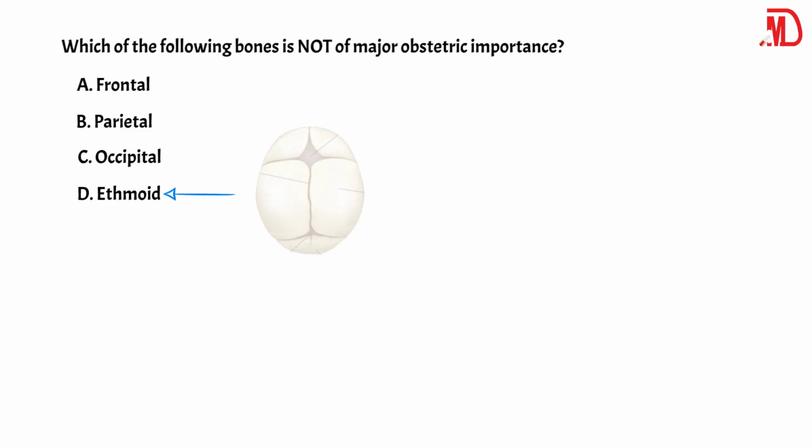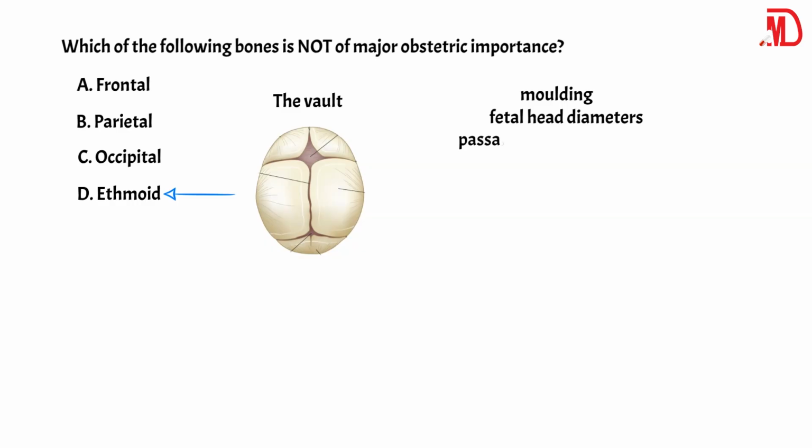In obstetrics, the bones of major importance during labor are the ones that form the vault of the fetal skull, because these influence molding, fetal head diameters, and passage through the birth canal. These include frontal bones, parietal bones, and occipital bone.